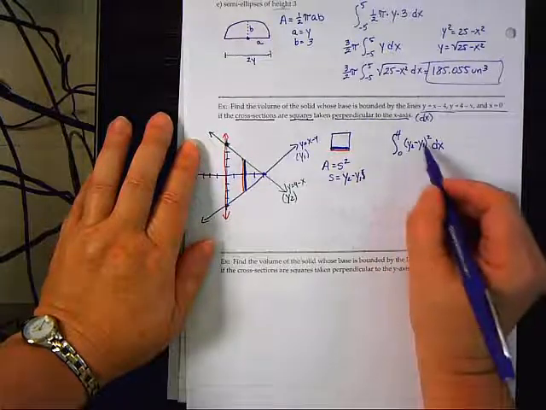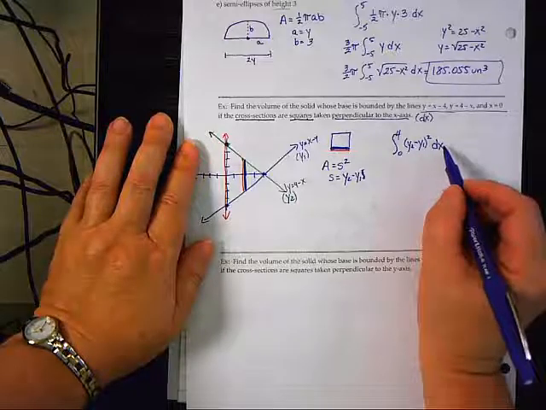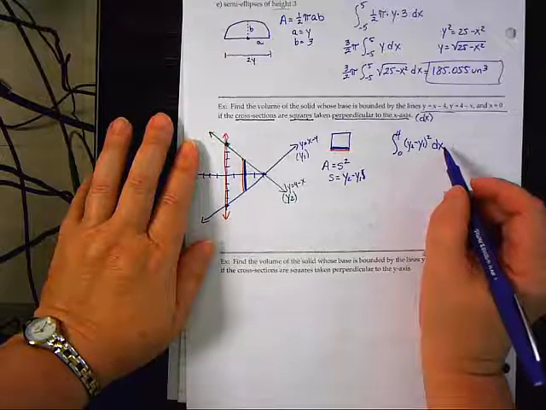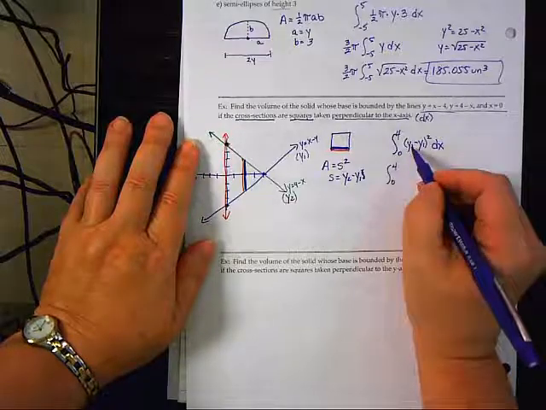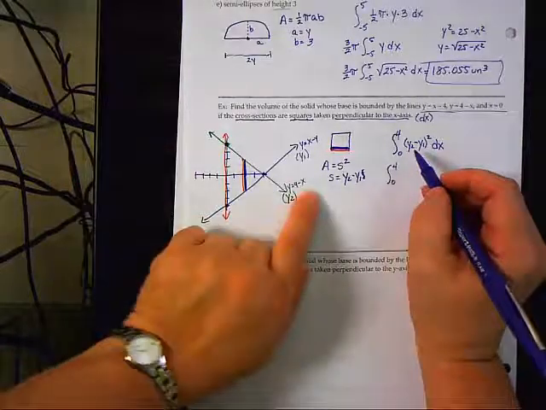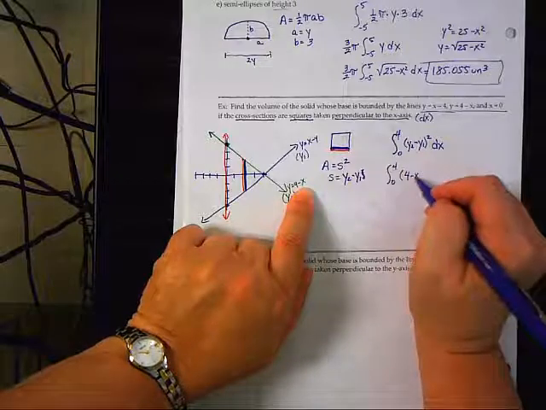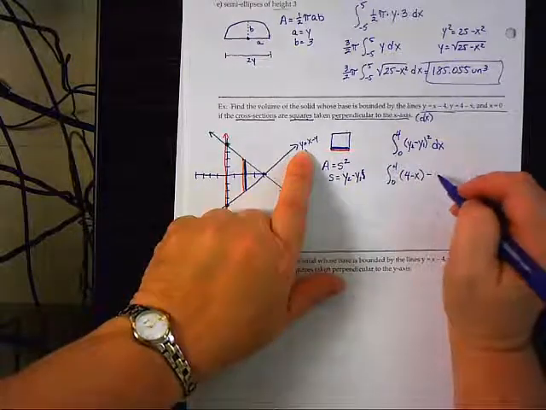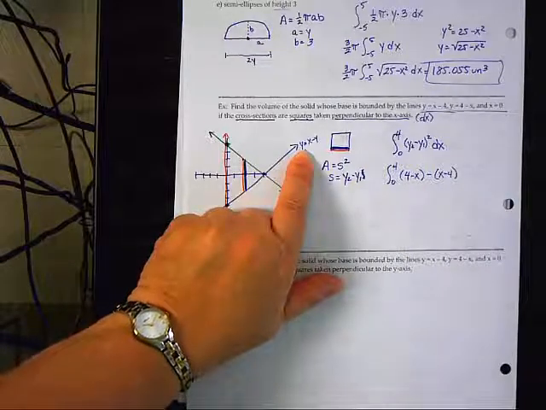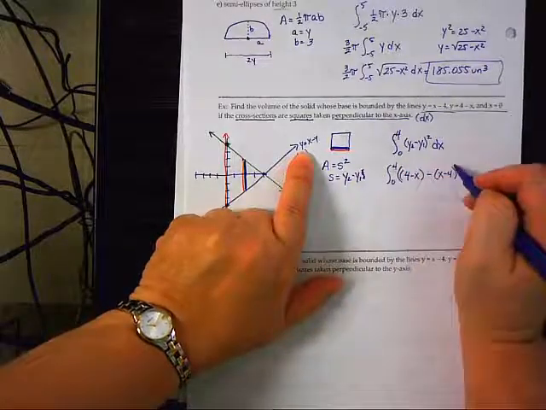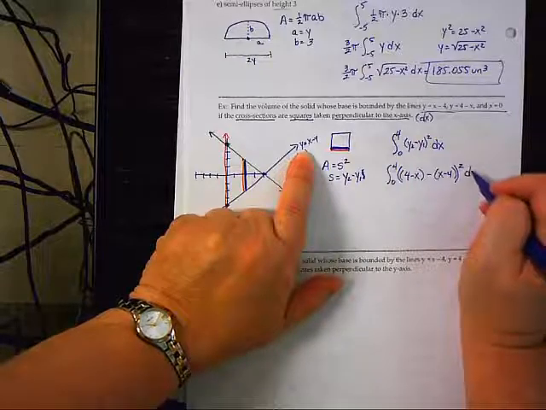But because these are y's and this is dx, I cannot integrate it. I can't put it in the calculator yet. I've got to do some more math to it. So y2 is 4 minus x, minus y1 is x minus 4, and I'm supposed to square all of that. So I need to put another big parentheses around the whole thing and square it, dx.